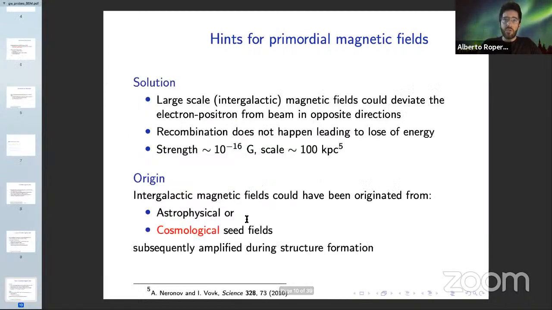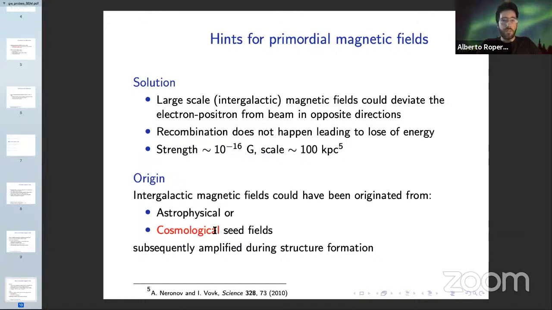This could be explained if we consider magnetic fields that are coherent on very large scales, up to the scales of the cosmic voids. So they could be filling the whole universe. This is very difficult to explain from astrophysical sources, so one usually expects this to be generated during cosmological epochs.